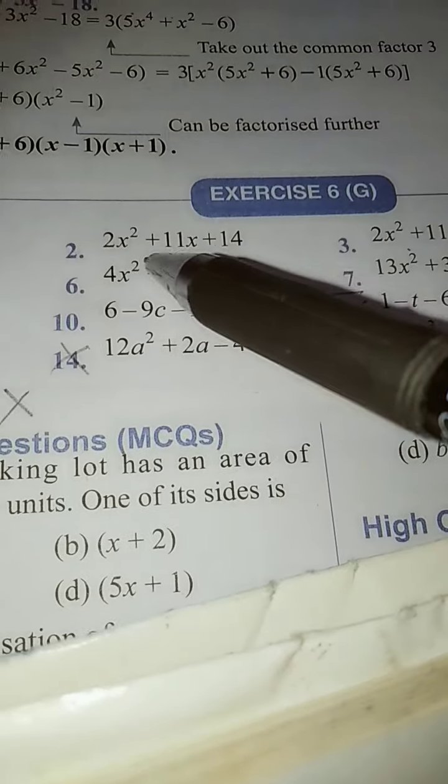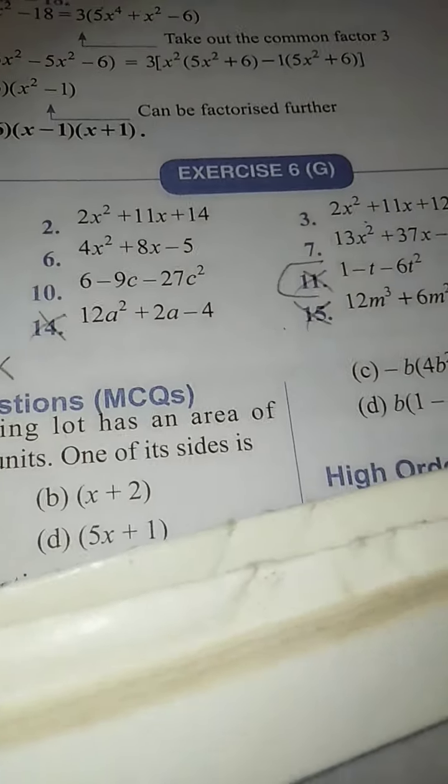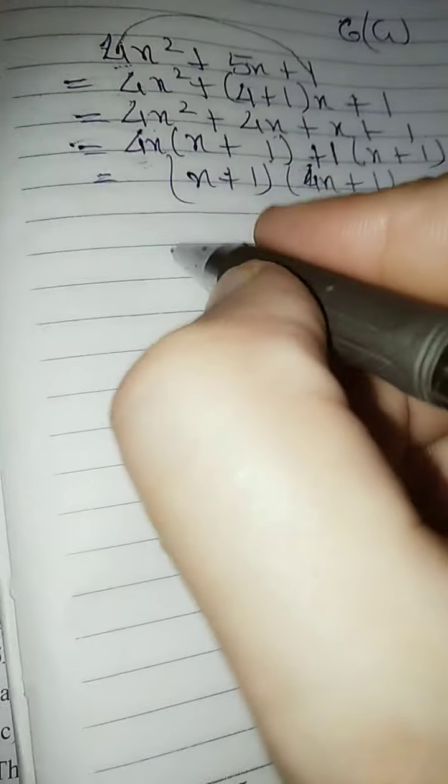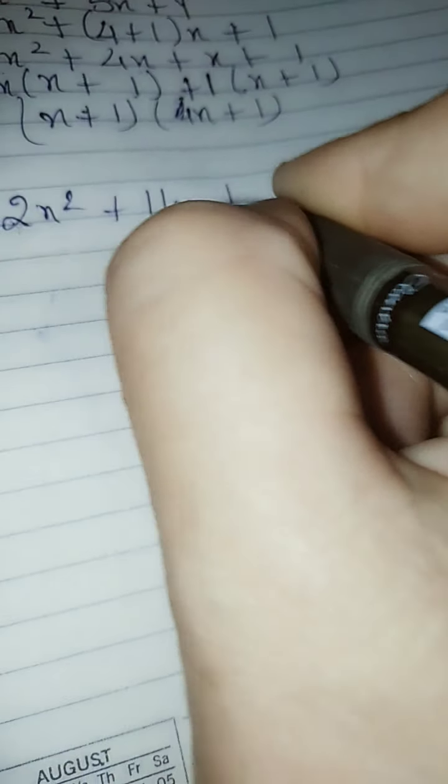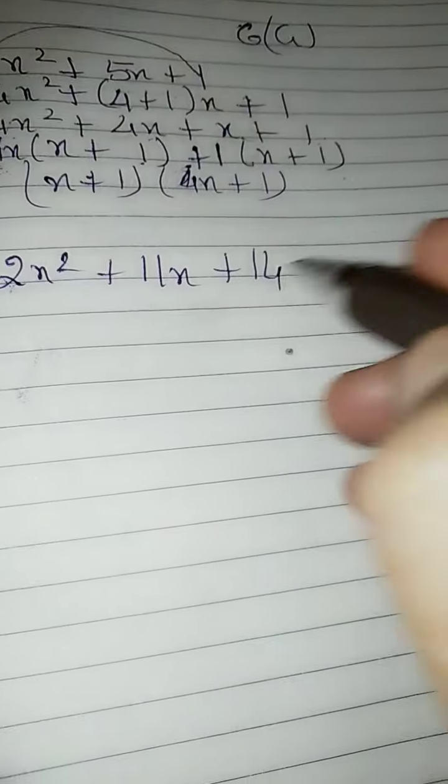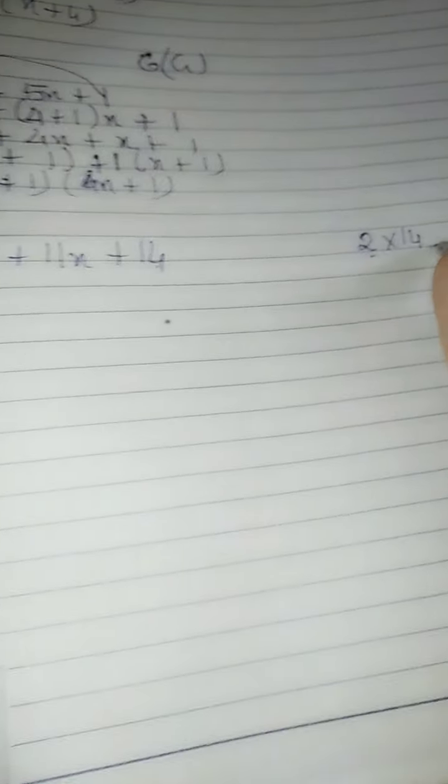Now the second question is 2x square plus 11x plus 14. Here a is 2 and c is 14, so 2 into 14, these factors we are going to use.